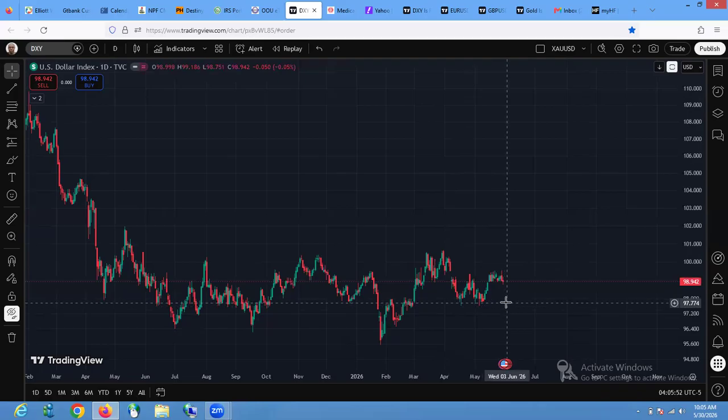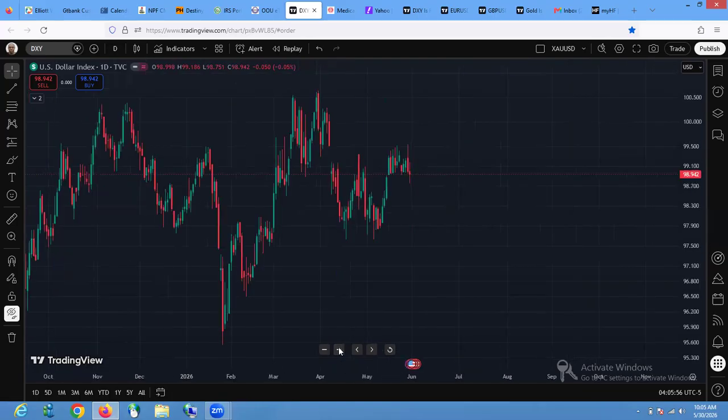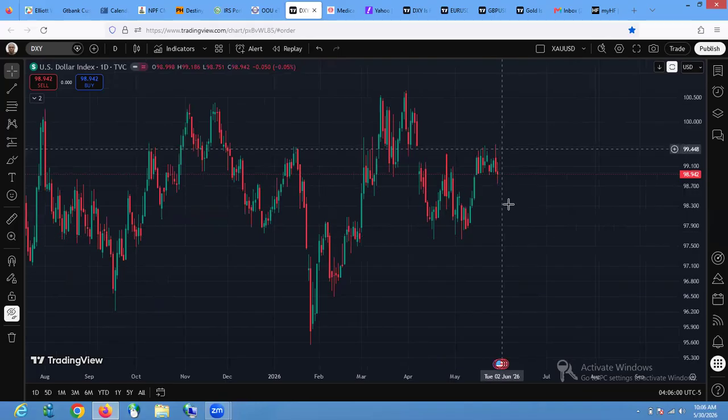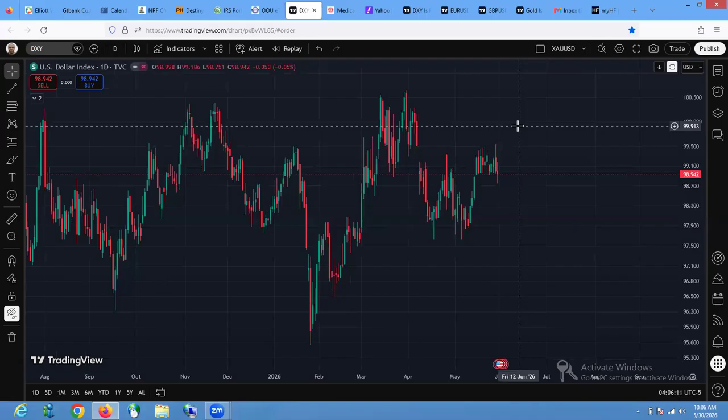So now, what do we do? Because this is where anything can change. This may go down to break down, and this may eventually go up to break the top. But like I said, that will give it breaking to the downside about 60% or 65%, and breaking up is about 40% or 35%.